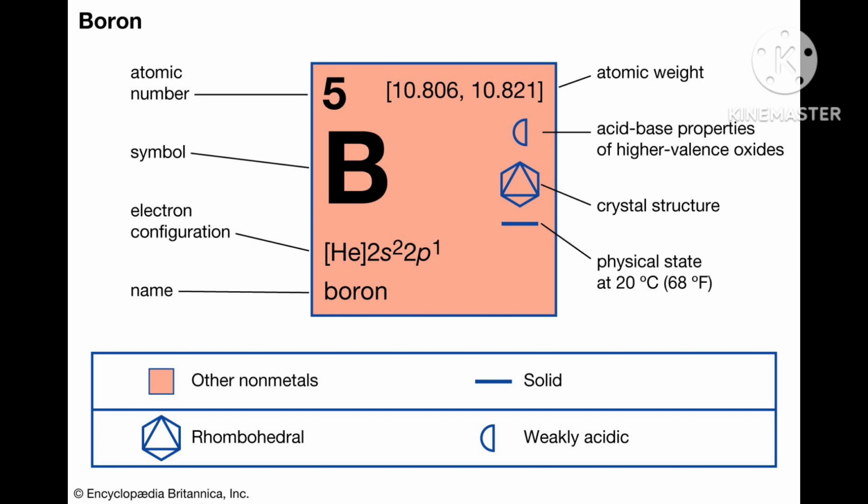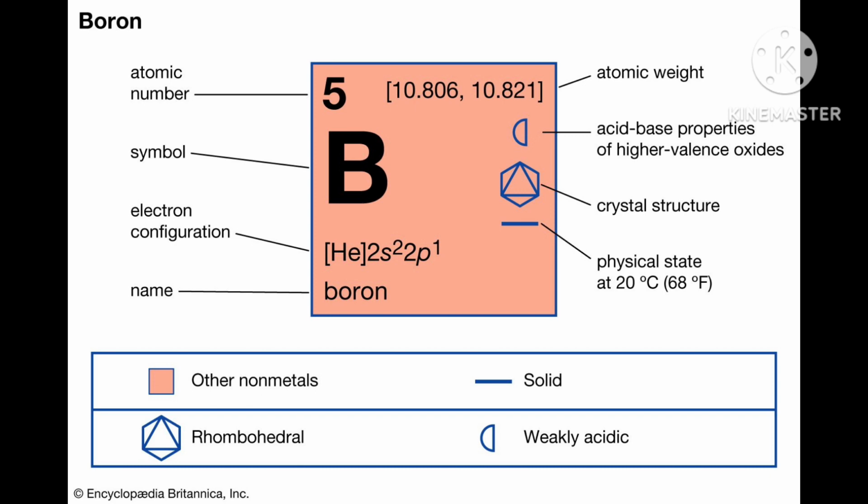The monomeric trihalides, being electron deficient, are strong Lewis acids. Boron trifluoride easily reacts with Lewis bases such as NH3 to complete the octet around boron.